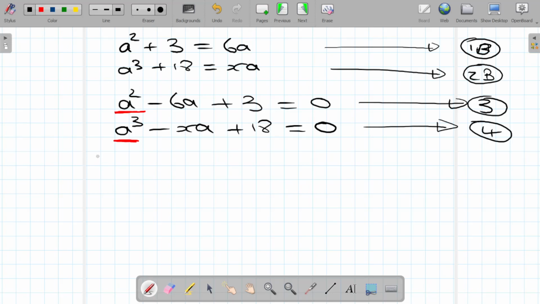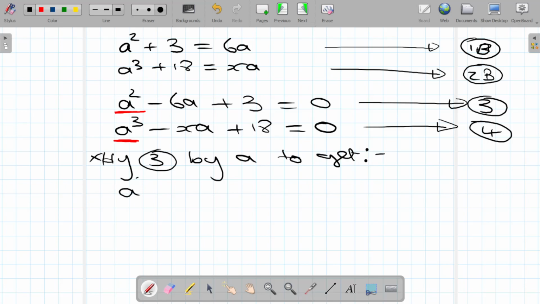So multiply equation 3 by a to get a cubed minus 6a squared plus 3a equals 0.